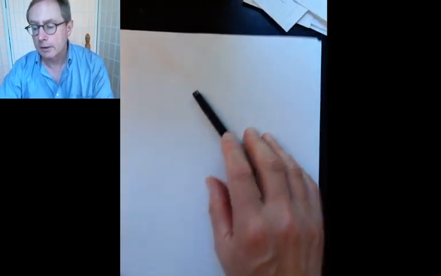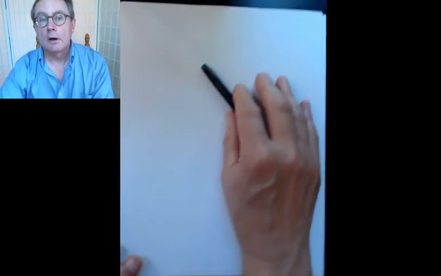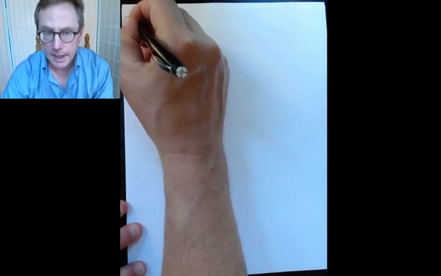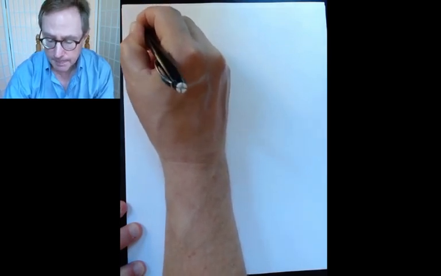Okay, so let's see now. We have a map that takes the plane to the 2x2 matrices.